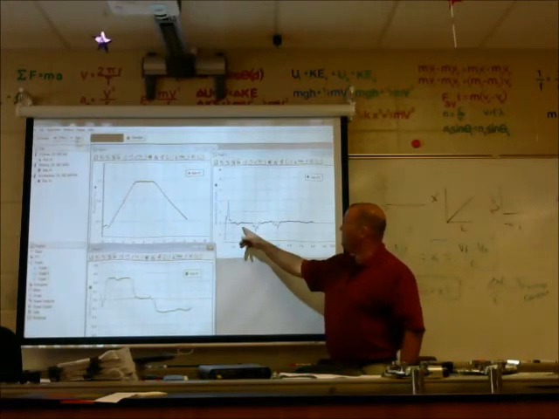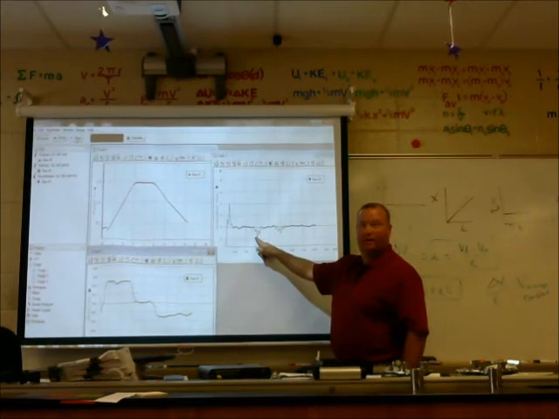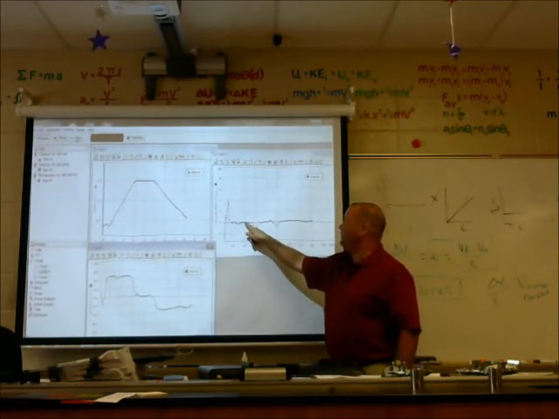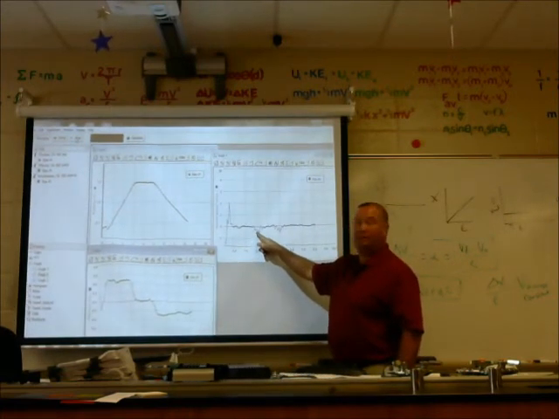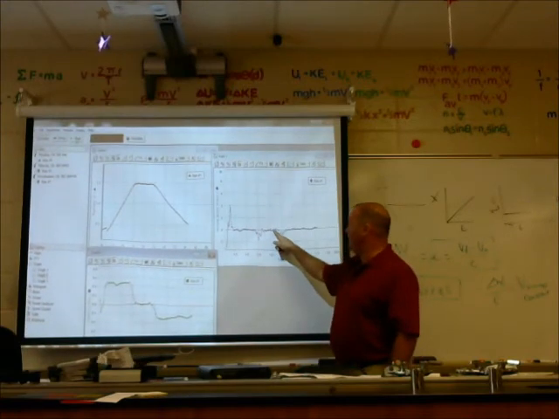All right, my acceleration, notice what happened right here. Acceleration 0, what happened here? That's where it collided with the ramp and then it came back at 0.